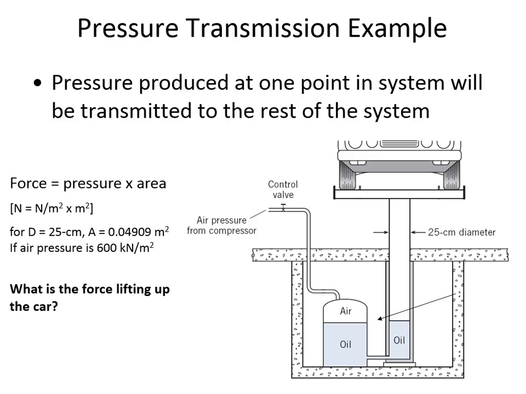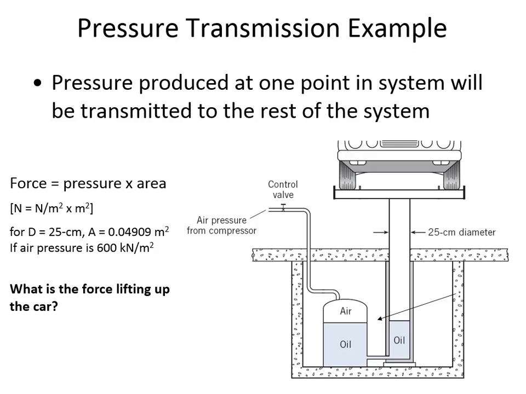What causes it to rise and fall is how much pressure is inside of the tank, and also it'll get into equilibrium. It'll rise until it stops rising because there's an equilibrium between the force of the car acting down and the force applied on the circular cylinder, since force is pressure times area.